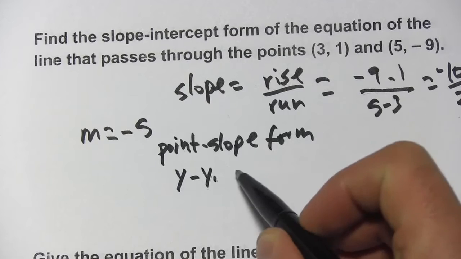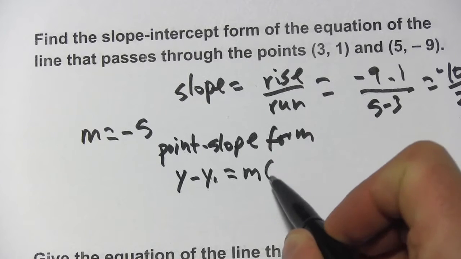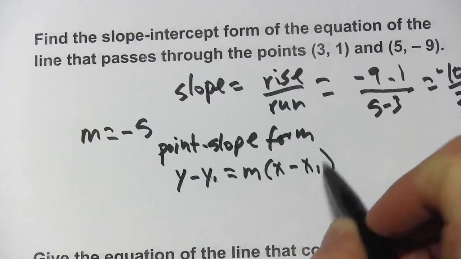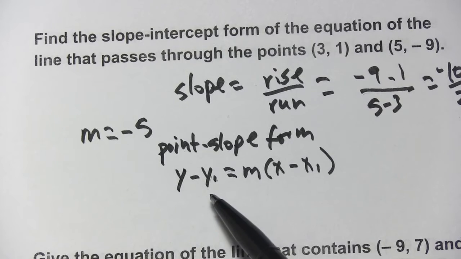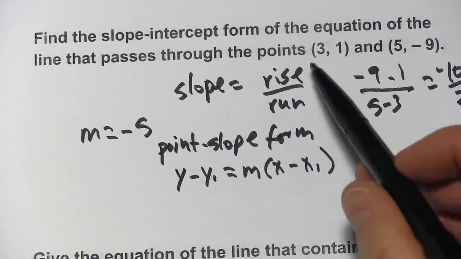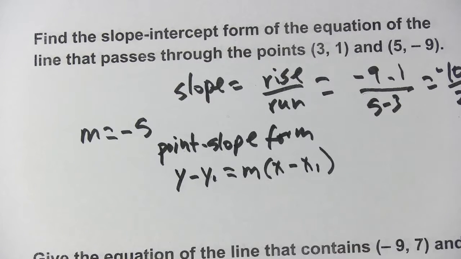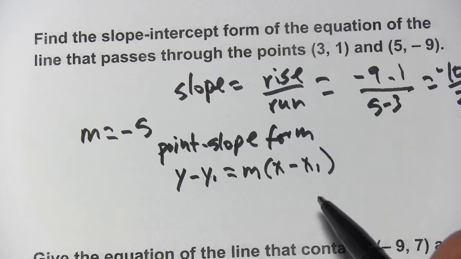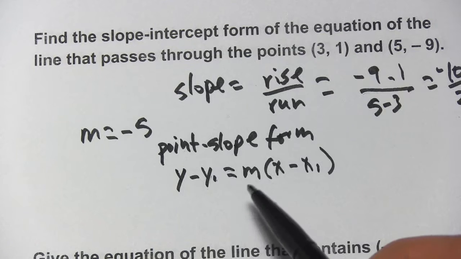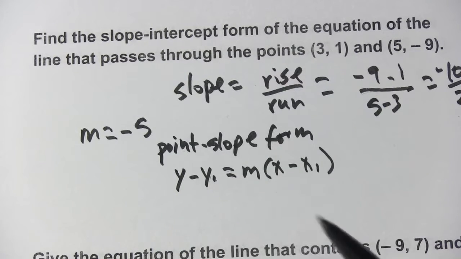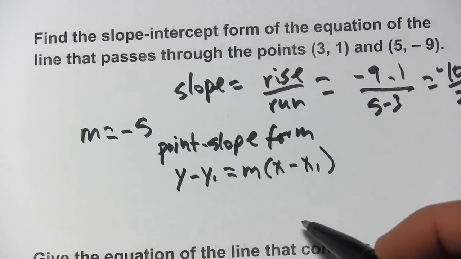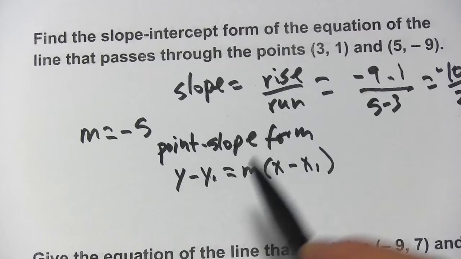Y minus y1 equals m times x minus x1. The x1 and the y1, those are the x and the y values from our point. M, that's the slope, that's what we just figured out. So all we have to do is plug those numbers in, and then they want the slope-intercept form, so we'll have to maybe do a little bit of algebra to put it in that form. But let's plug these numbers in first.